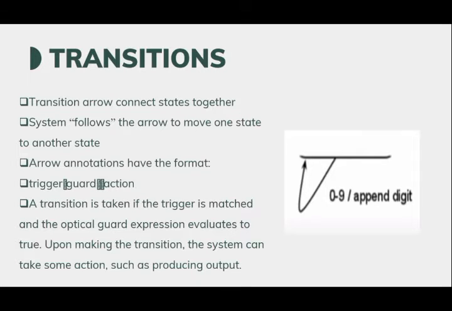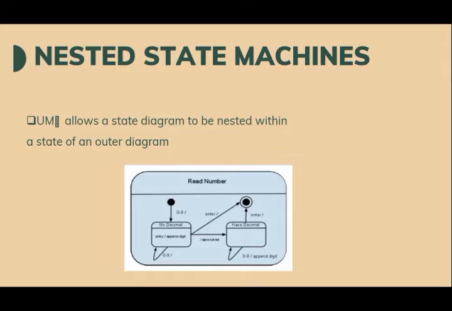Upon making the transition, the system can take some actions, such as producing output. So as you can see in this diagram, this means that if it detects that the value is from 0 to 9, it opens.